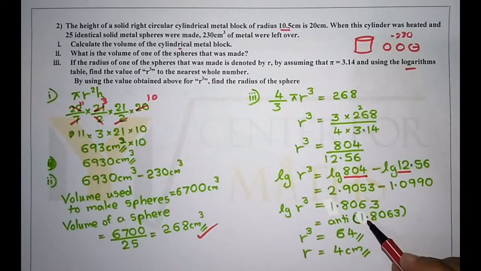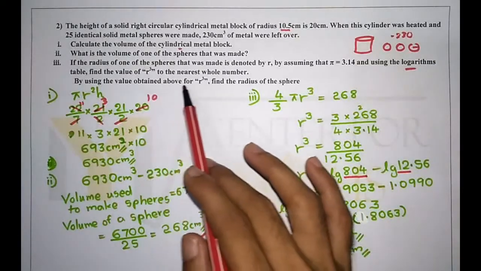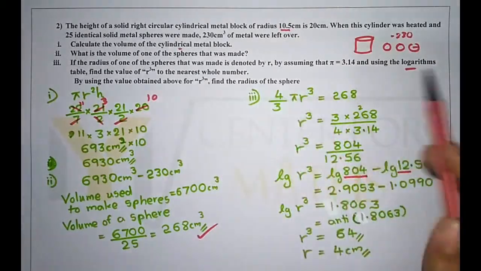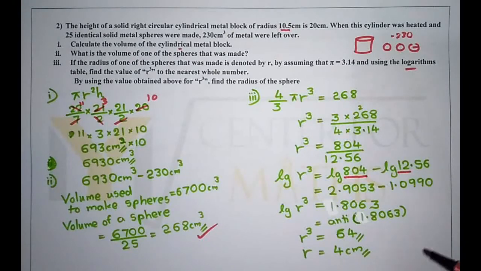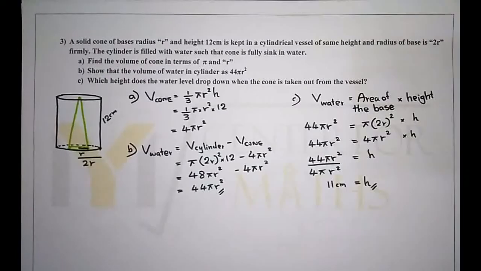After that we subtract and find the antilog of the result. If you find the antilog, you will get 64 directly as the answer. Then r to the power 3 is equal to 64, and by using the value obtained above for r to the power 3, we find the radius of the sphere. Then r is just 4, because 4 into 4 into 4 is 64 centimeter.